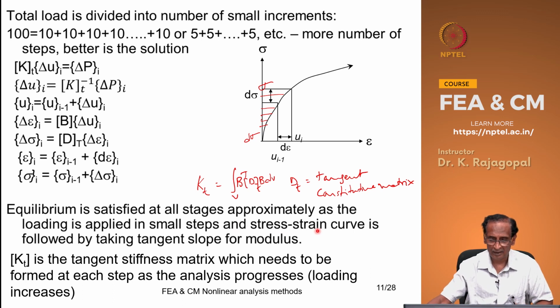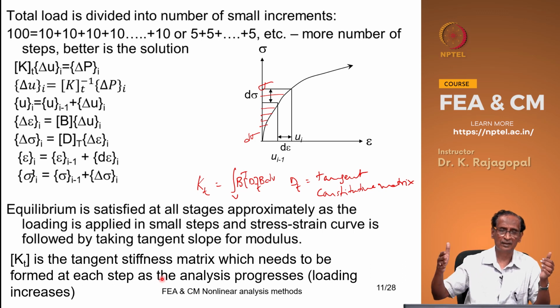Okay. But then we work with the tangent slope, the tangent modulus, and then continue doing the analysis. So, our Kt is the tangent stiffness matrix, which needs to be formed at each step as the analysis progresses.